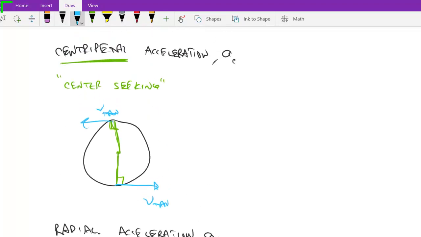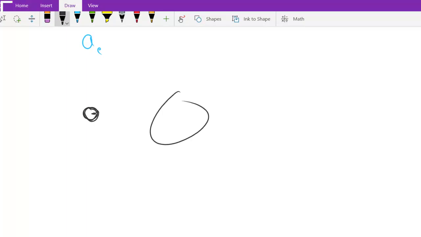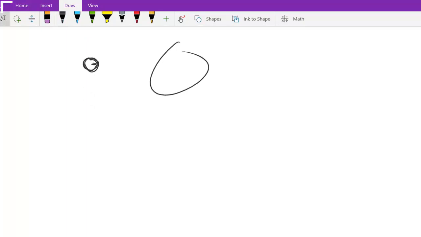So let's take a look at the magnitude of this centripetal acceleration. If you have a smaller circle, it might have to accelerate towards the center faster. Also, if you go faster in the circle, you're going to need a larger acceleration as well.